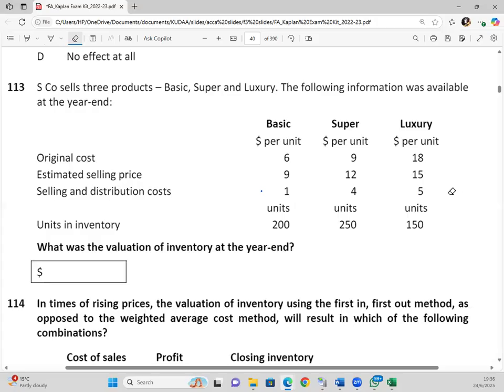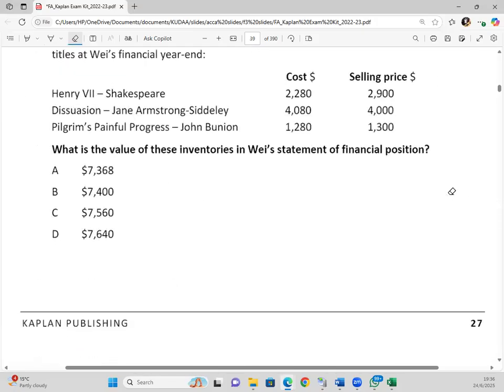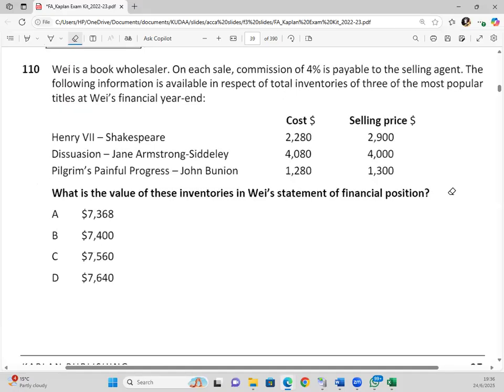One more question to try on this concept. Let's try question 110.